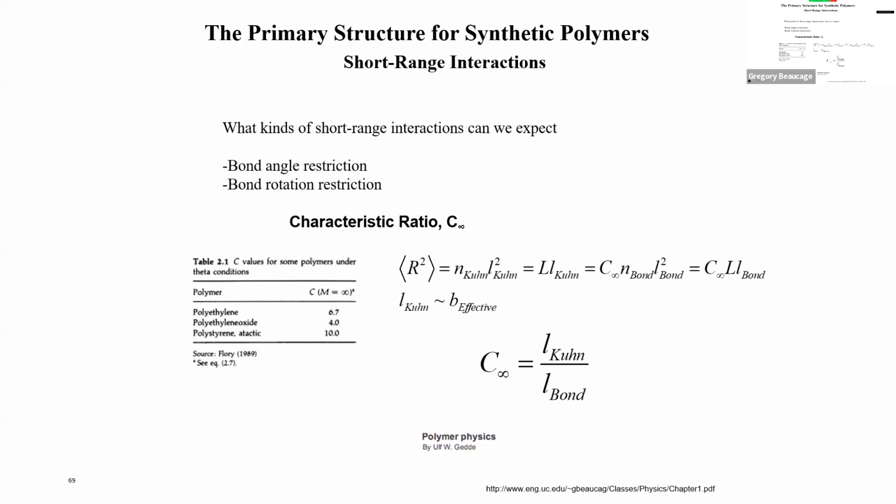Yeah, I noticed something about the characteristic ratio. Most times it's always greater than or equal to 1. What if it's less than 1? Yeah, it couldn't happen, because the 1 is like the carbon-carbon bond. That's 1.54 angstrom, so you can't make it less than the bond.